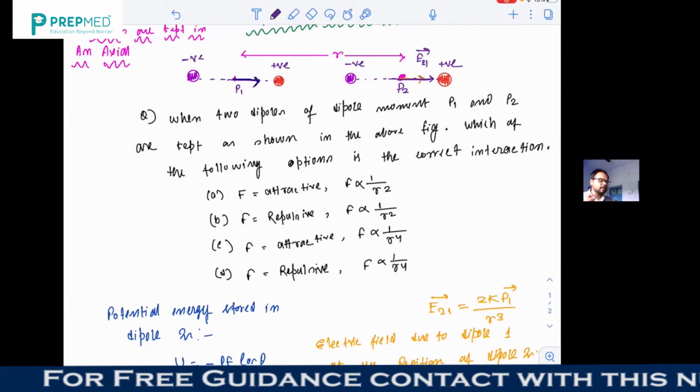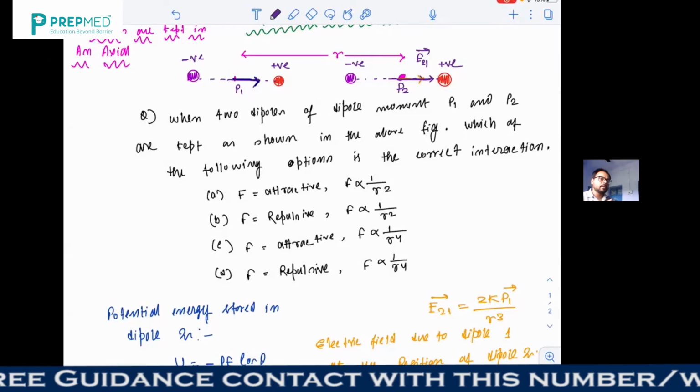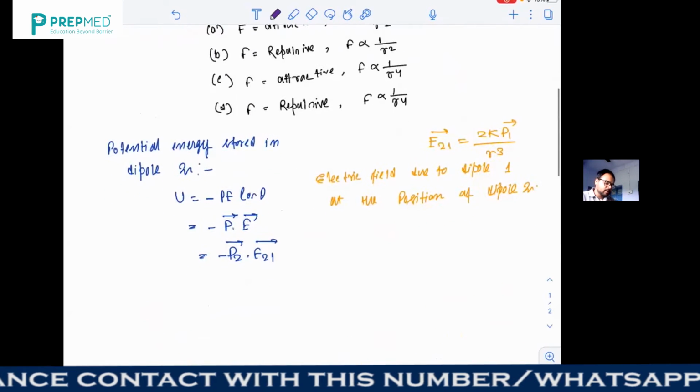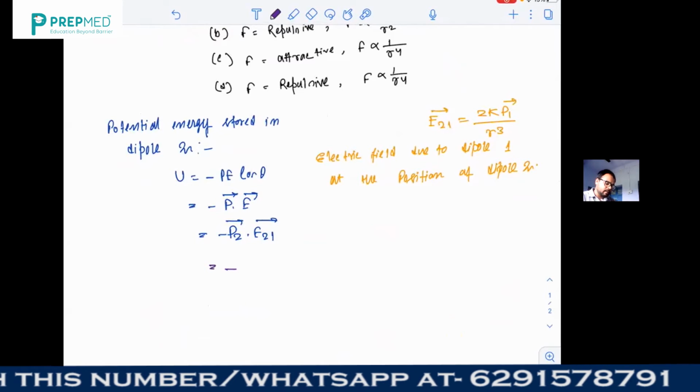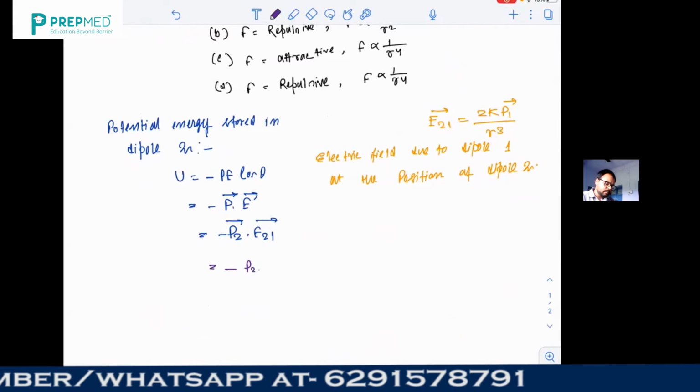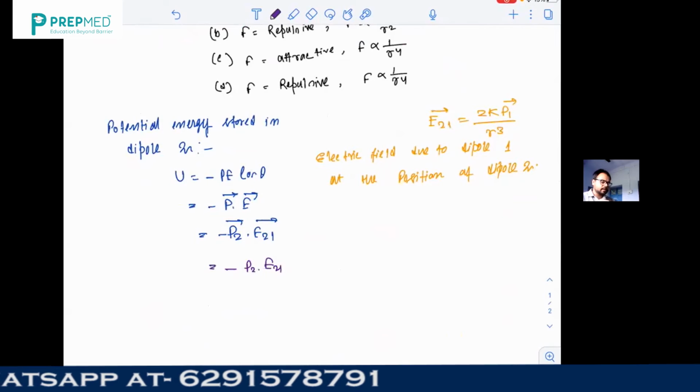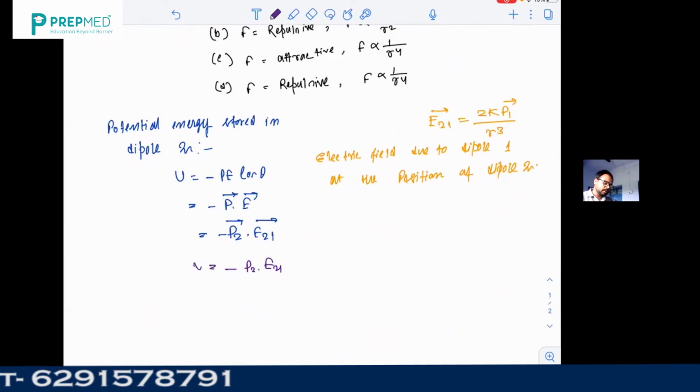So both of them are parallel. So the angle between P2 and E21 is 0 degrees, so cos 0 is 1. Finally we can write P2 times E21. So that is finally the potential energy.